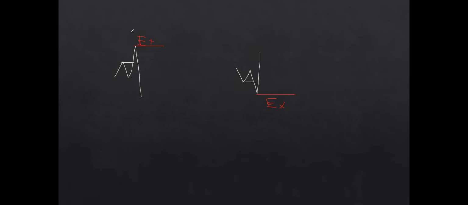We covered internal liquidity, which is what's inside the range. While it's forming, that's the internal liquidity. And then we covered inducement, which would be a failure swing. Then it gets taken. That's an inducement.